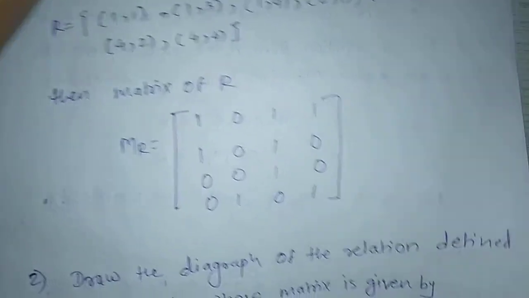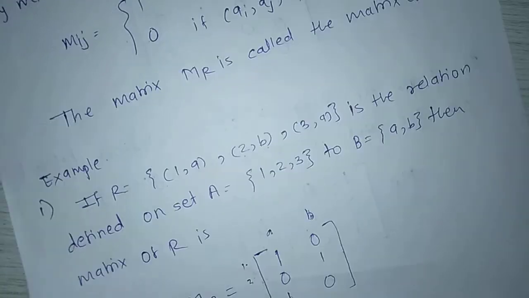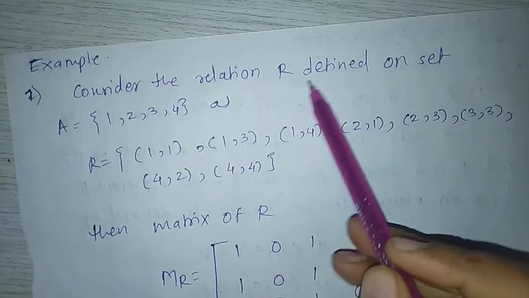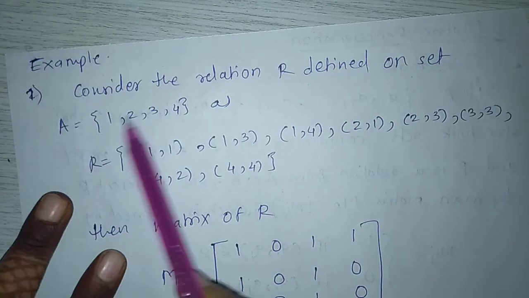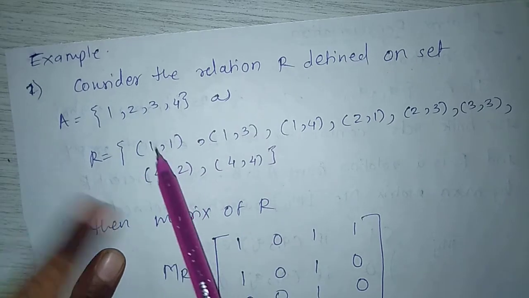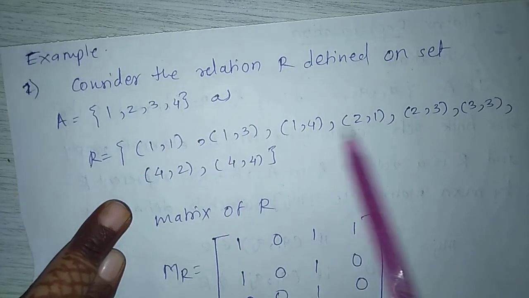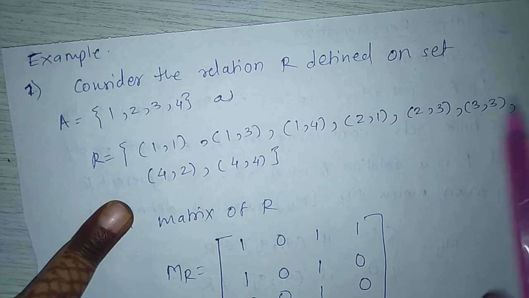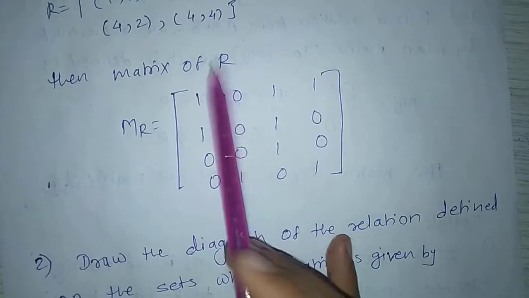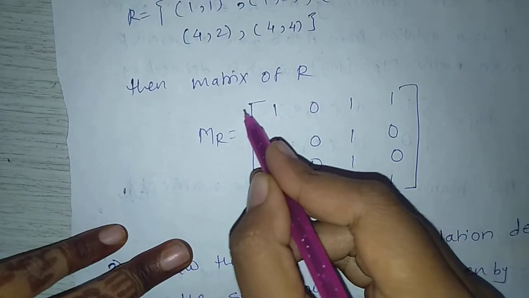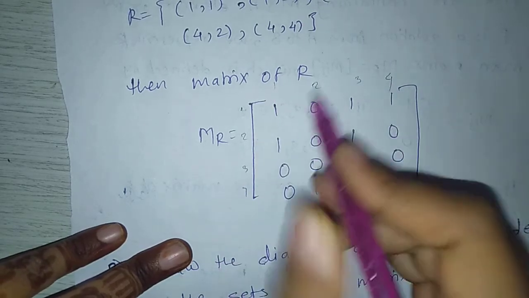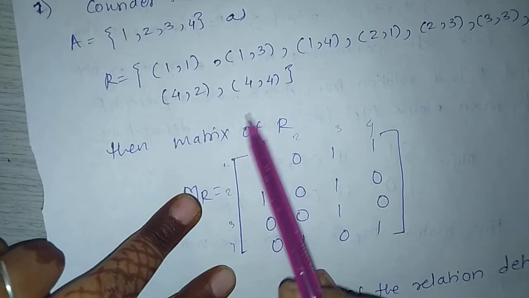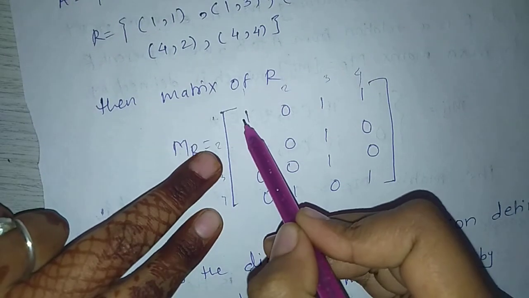Next, consider the relation R defined on set A equal to {1, 2, 3, 4} as R equal to {(1,1), (1,3), (1,4), (2,1), (2,3), (3,3), (4,2), (4,4)}. Then the matrix of R has rows and columns 1, 2, 3, 4. (1,1) belongs to R, so this entry must be 1.